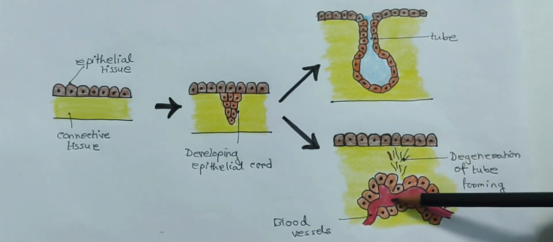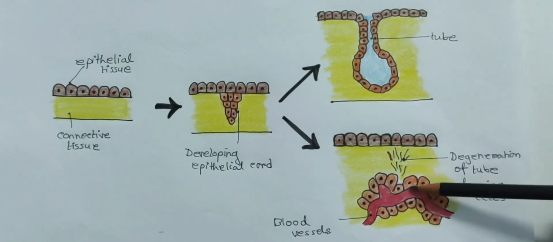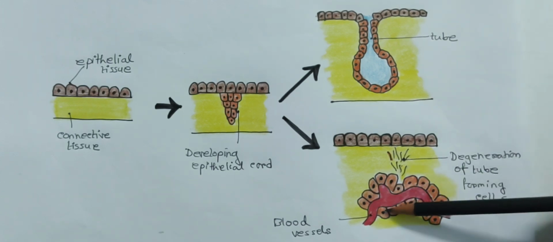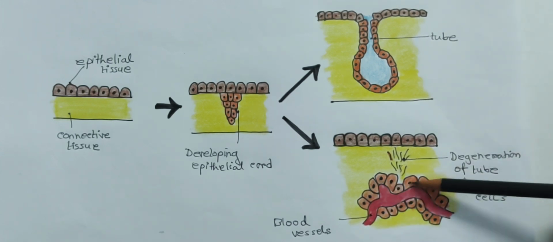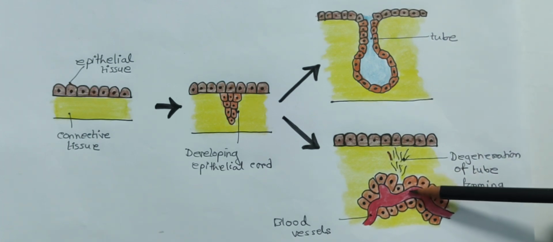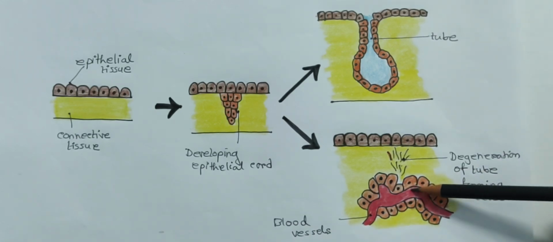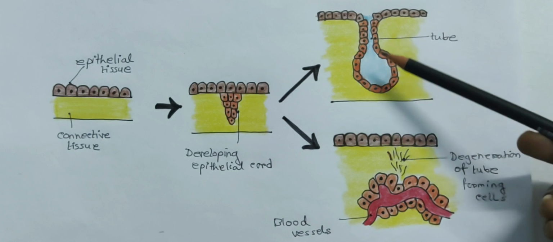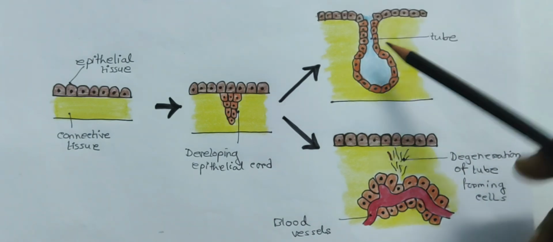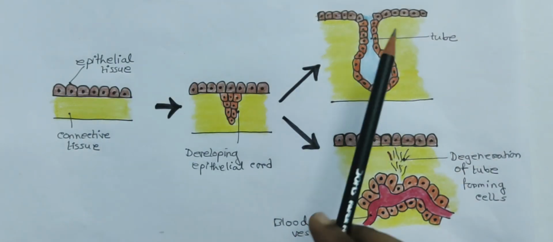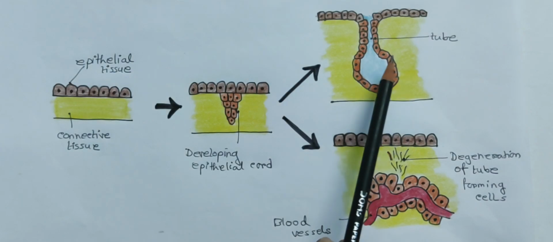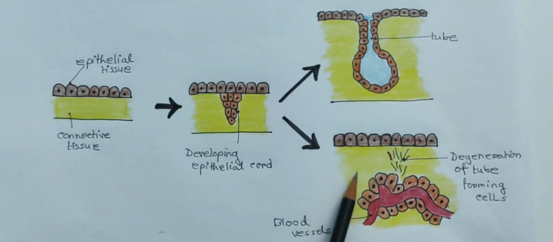So these are the blood vessels, and they are surrounded by the cells of the gland, which pour their secretion directly into the blood. This forms the endocrine glands. They have no duct. Glands with a duct are exocrine glands. So from the epithelial tissue, two types of glands form: exocrine glands and endocrine glands.